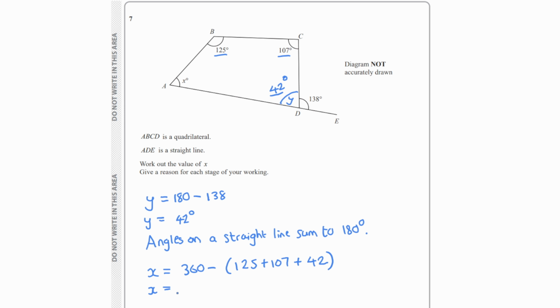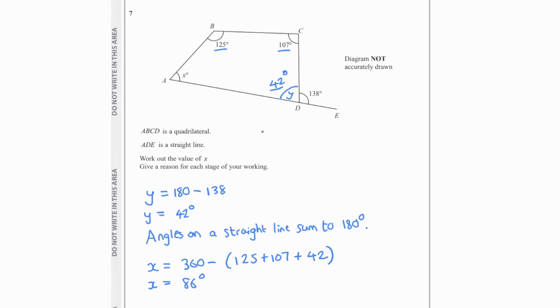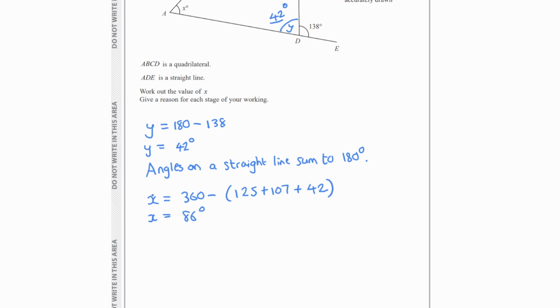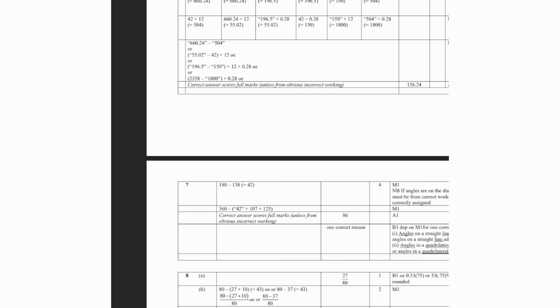And then let your calculator do the heavy lifting there. That gives us an answer of 86 degrees. And like before, we need to give a reason for that, and the reason is that angles in a quadrilateral sum to 360 degrees. And that's your answer.